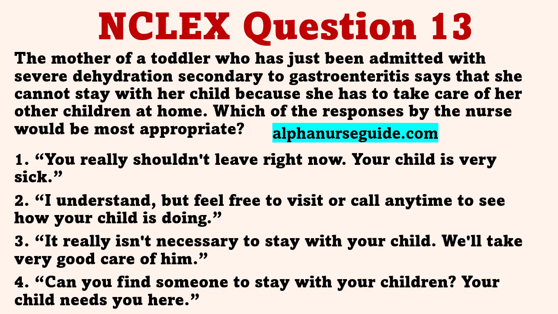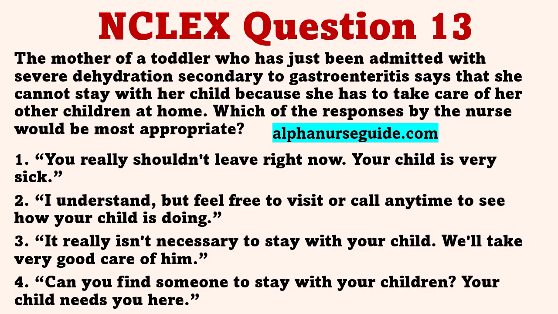The correct answer is 2. The nurse's best course of action would be to support the mother. This is best done by conveying understanding and encouraging the mother to visit or call. Telling the mother that she shouldn't leave and that the child is very sick is critical and insensitive. Additionally, it implies guilt should the mother leave. Commenting that the child does not need anyone is not appropriate or true.